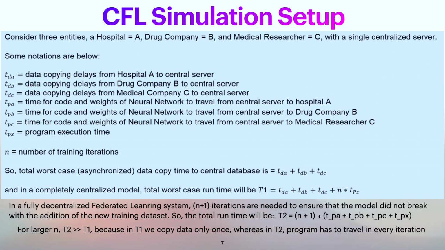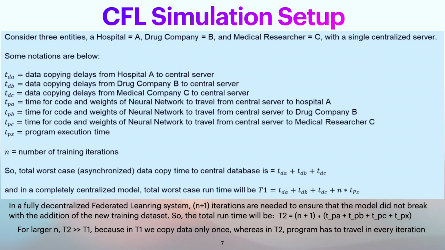The times between hospital A, B, and C and the central server are TDA, TDB, and TDC respectively. For the FL code and the neural network weights, the travel times from the central server to A, B, and C are TPA, TPB, and TPC.